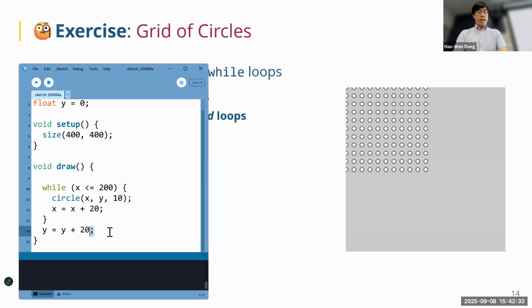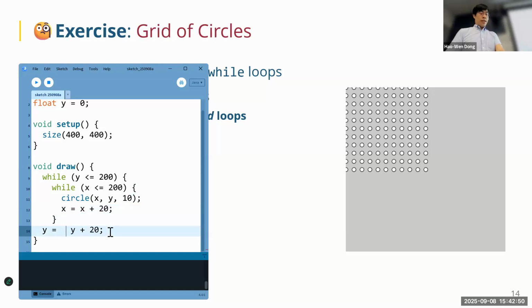So we can actually get another while loop outside of that. While y is smaller or equal than 200, then we do this. So you can actually do a nested loop, where the outside while loop is doing these things inside of the while loop.